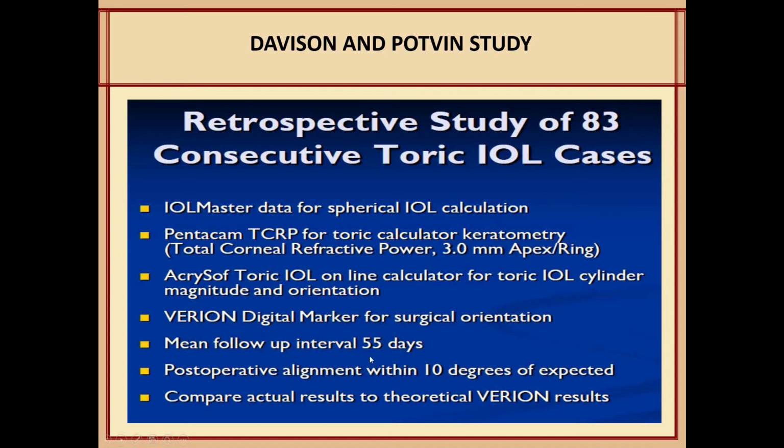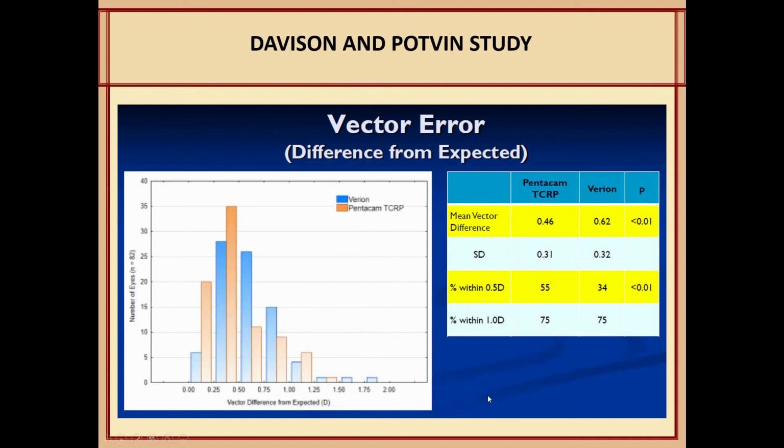There's quite a follow-up, and they compared the actual result with theoretical Varian results. And you'll notice that the Pentacam does a lot better in the center and less so in the periphery than the Varian.